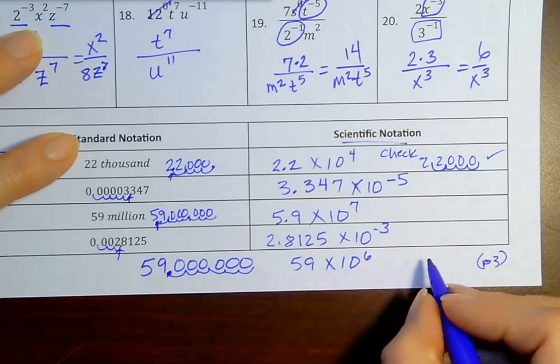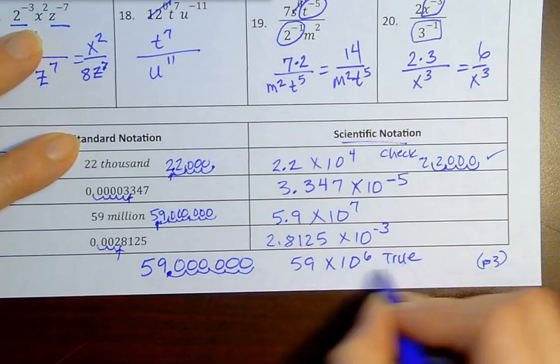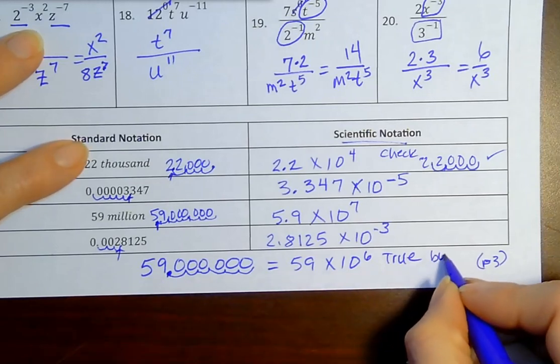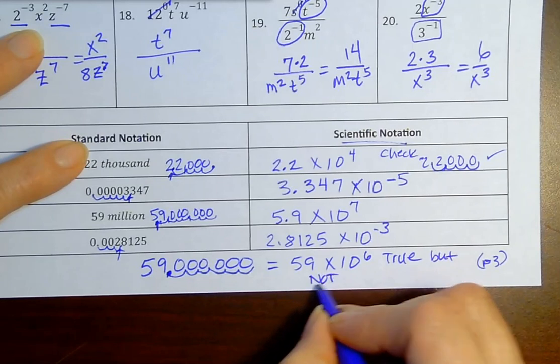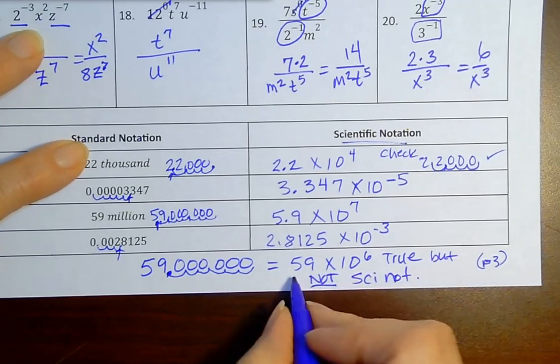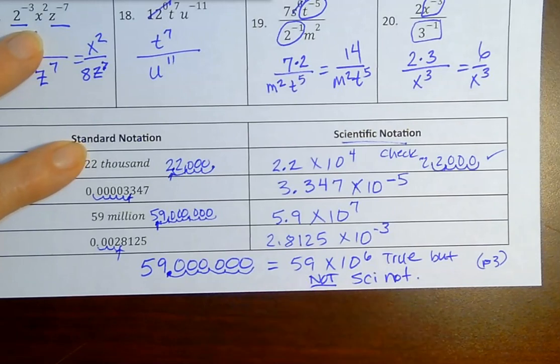That's times 10 to the 6. So this is true. 59 times 10 to the 6 is the same as 59 million, but it's not in scientific notation. It's not in scientific notation because that factor is 59, which is not between 1 and 10. Okay, it is a legitimate number that we can figure out, but it's not in scientific notation. So just be careful with that.